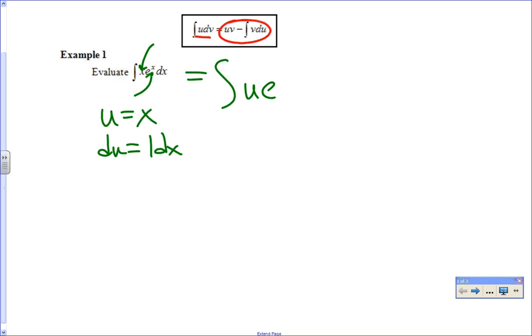The only problem is if I rewrite it, all I've done with my substitution is I've changed the variable, which basically got me nowhere, right? And so we know now that substitution is probably not going to work. And so we would have to come up with some other way of figuring that out. All right.